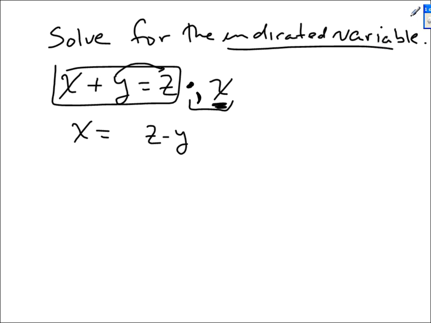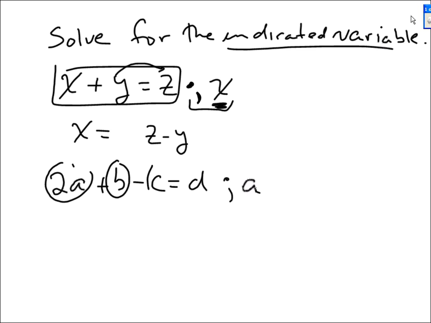That problem is done. You have 2a plus b minus c equals d, and they want you to solve for a. You should identify the terms. Locate the term that has a in it, and bring all the other terms to the other side.